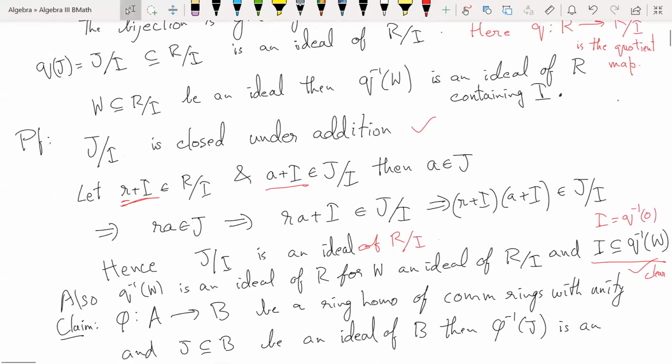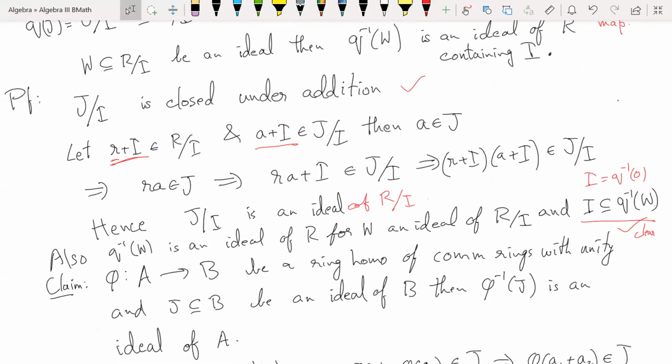In fact, we'll prove something more general. So instead of a claim, maybe let me call this a lemma. So it will follow from this lemma. If we have a ring homomorphism phi from A to B of commutative rings with unity, and J is an ideal of B, then phi inverse J is an ideal of A. So here Q is a ring homomorphism.